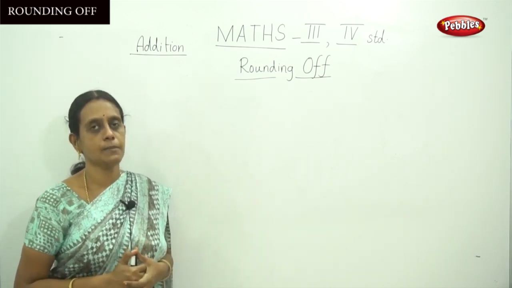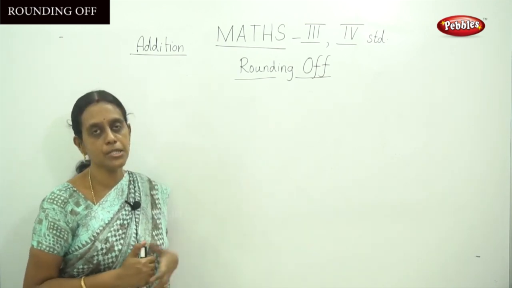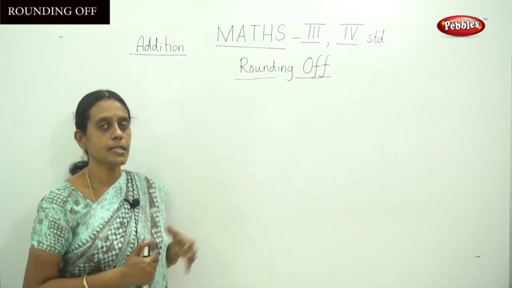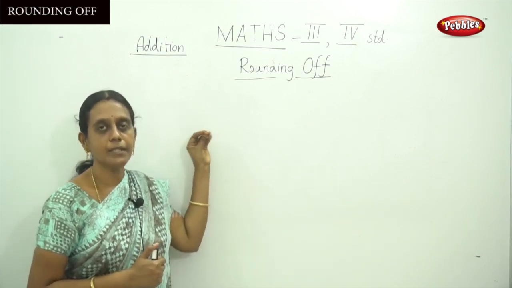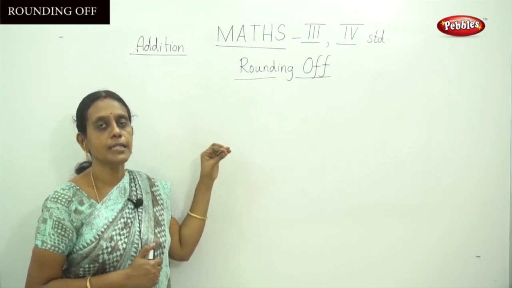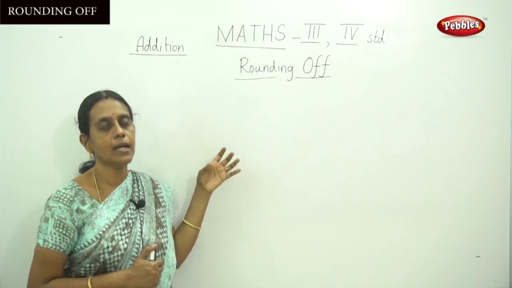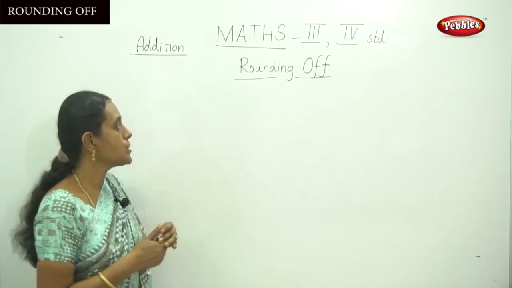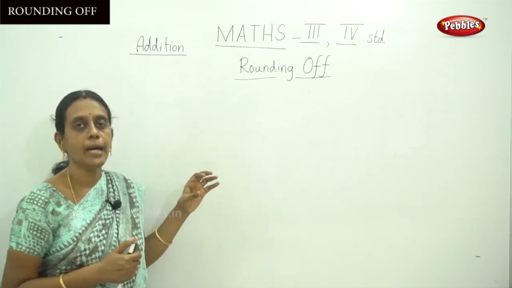This is otherwise called an estimation sum. I will explain with examples how to do rounding off with the nearest 10, 100 and 1000.